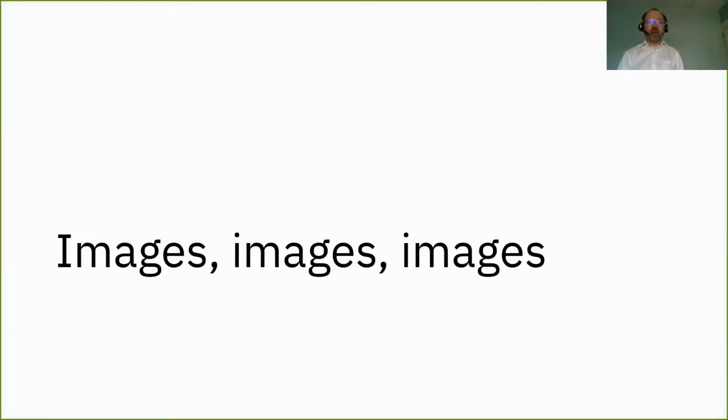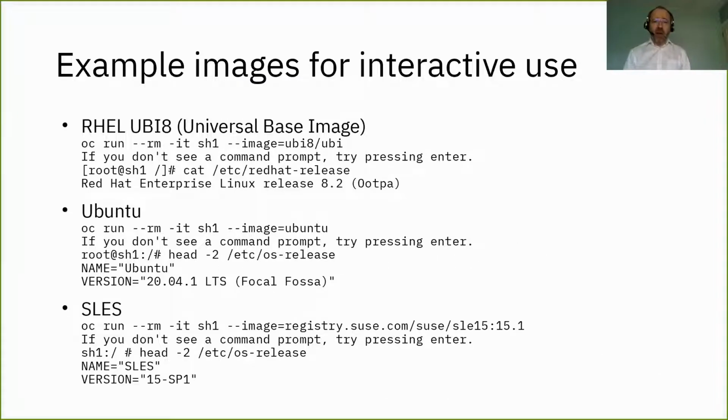So what sort of images can you run? Well, this really is because I've had questions from Z folks about, well, OpenShift runs on Red Hat. Oh no, that means I can no longer run my software, my developers want Ubuntu, or I've got something that runs on SUSE or whatever it is. The Red Hat Core OS in this case that's running on the node is simply hosting the containers.